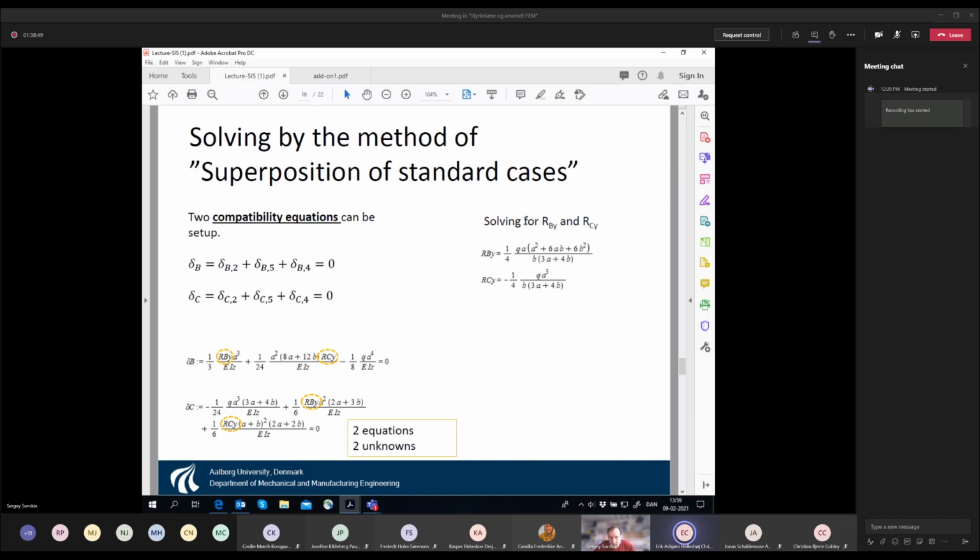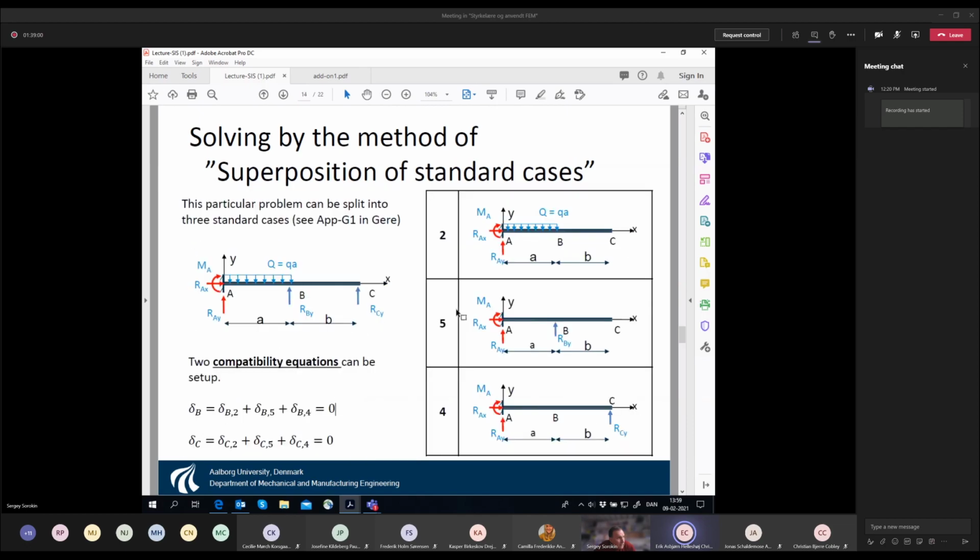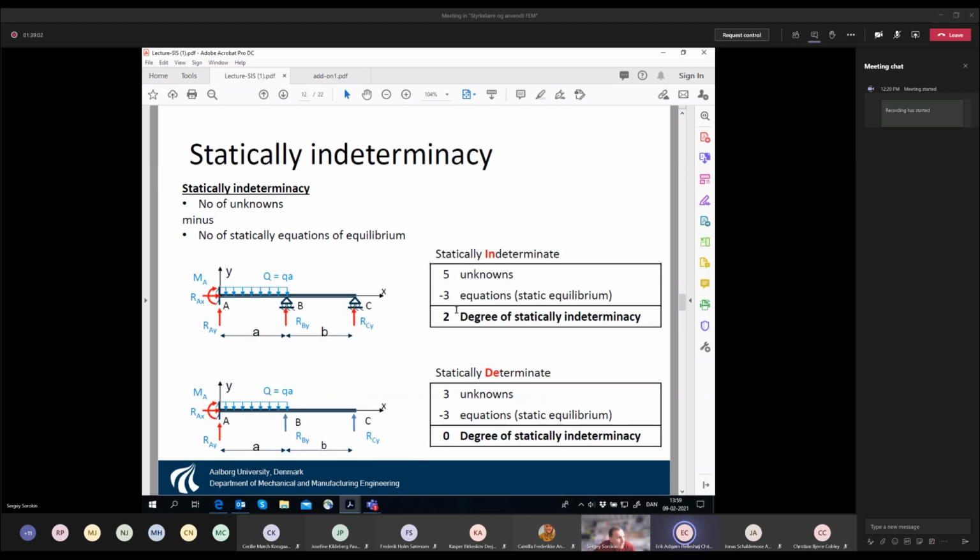Eric? How do you determine the redundant forces? Could it be RAY and RBY as well? It's a very good question. Yes, it's absolutely up to you.